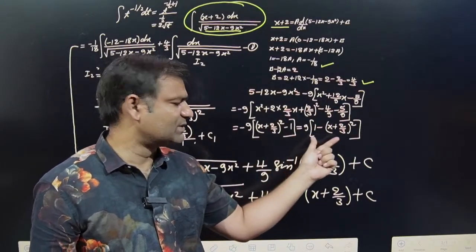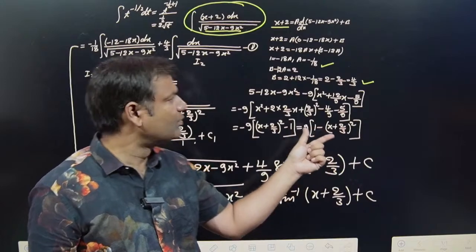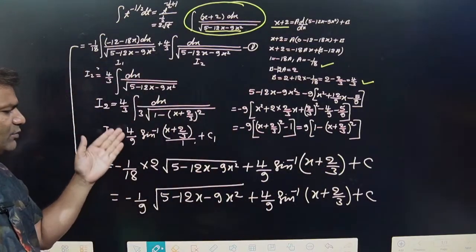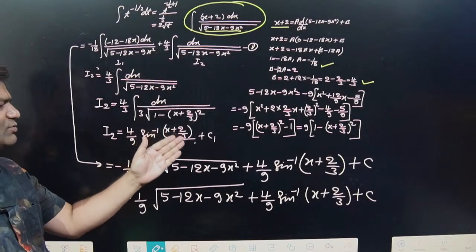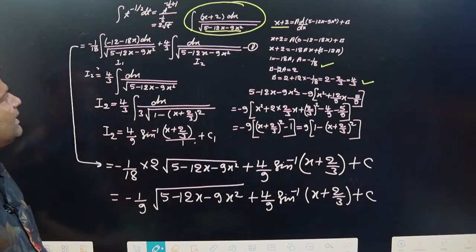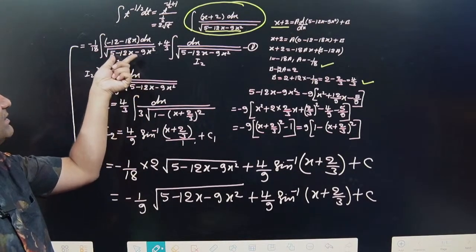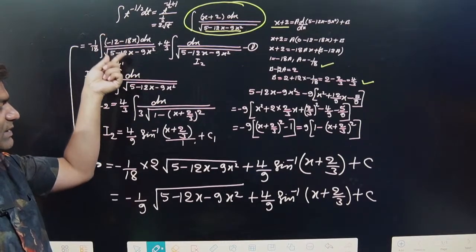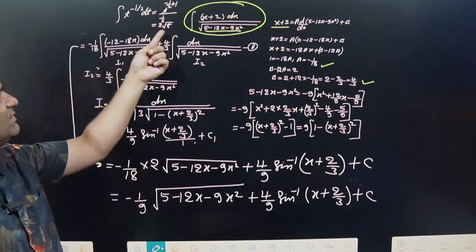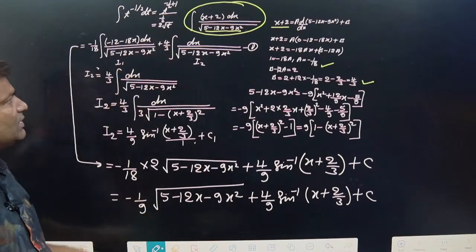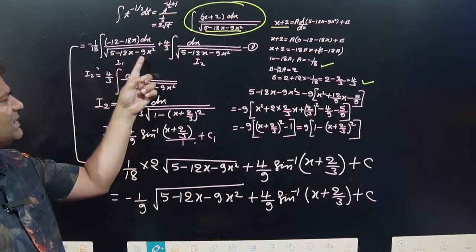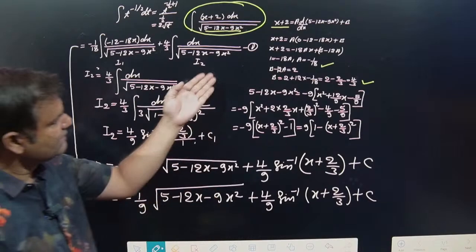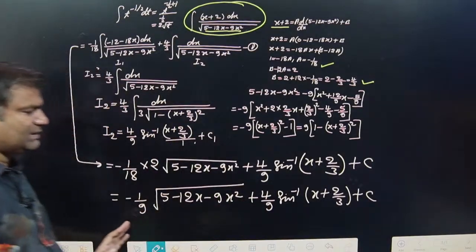After that this one is make perfectly square, this value put here, and after that we got how much? 4 by 9 sine inverse x plus 2 by 3 plus c1, and this one basically here t under root t, and upper part is dt, so dt divided by under root t, so integration of that one 2 root t, so t basically 5 minus 12x minus 9x square, so that value put here, and after that this value also put here, then find answer.